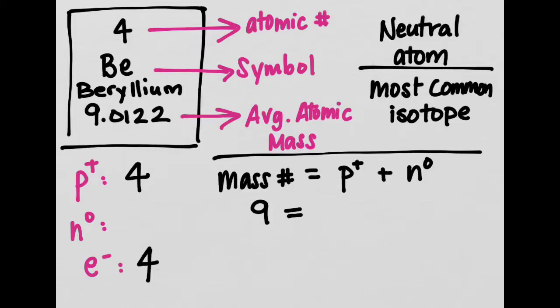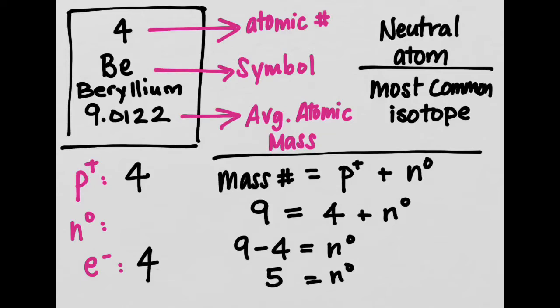I've determined that the number of protons is going to be 4. And then what I need to do is solve for n. I use some algebra and determine that n is going to be equal to 5. So this atom has 4 protons, 5 neutrons, and 4 electrons.